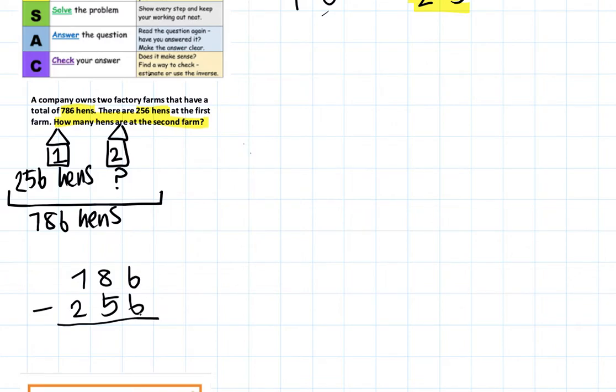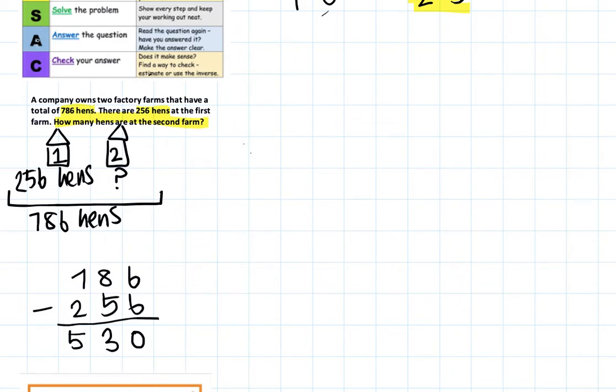Okay, so 6 minus 6 is 0. 80 minus 50 is, or to make it easier, 8 minus 5 is 3. 700 minus 200 is 500. Okay, so I've solved my problem.